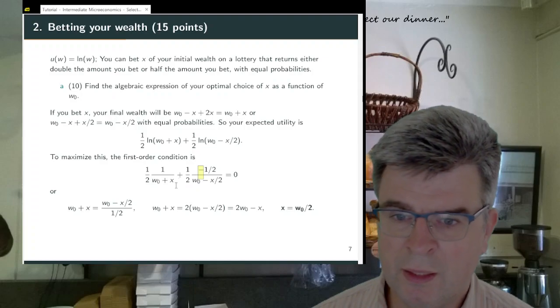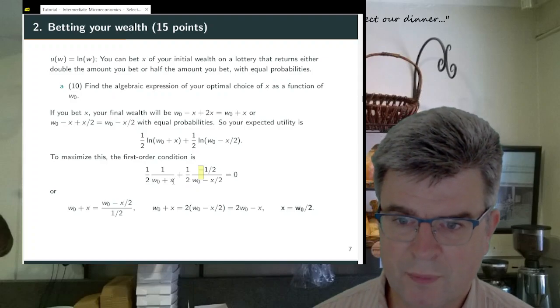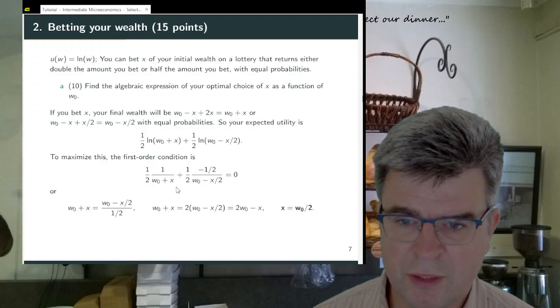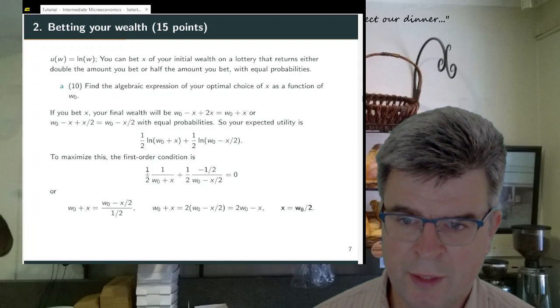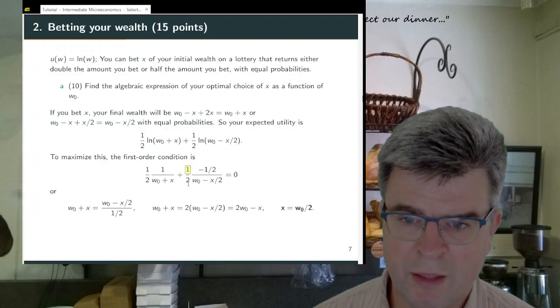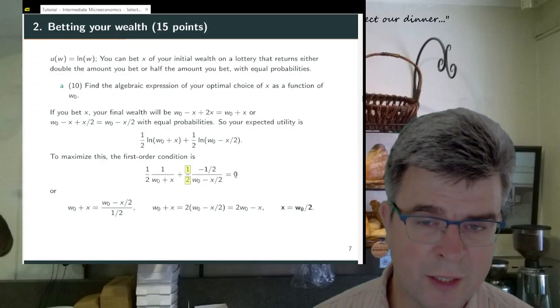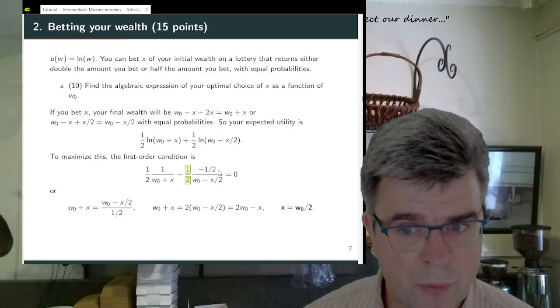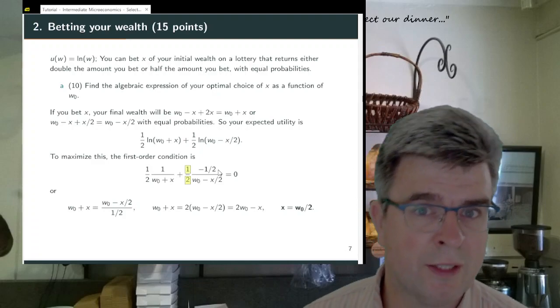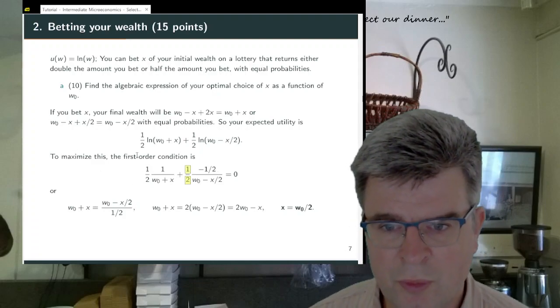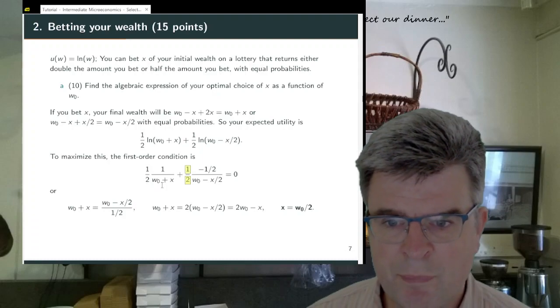And then we can just fiddle around with this a little bit, so we can simplify. So you can see that here we have 1/2 and here we have 1/2. On the right hand side we have 0, so we could multiply both the left hand side and the right hand side by 2 in order to get rid of the 1/2.